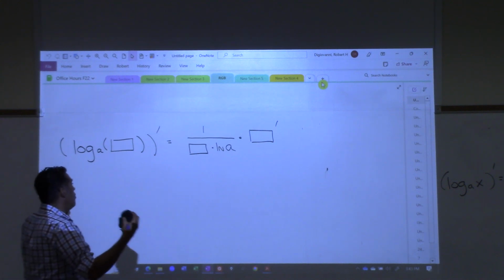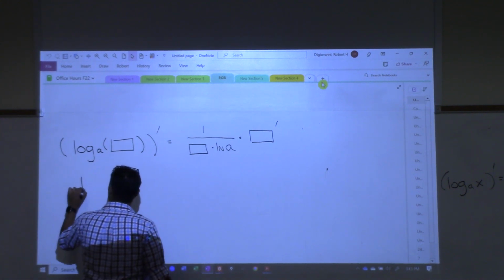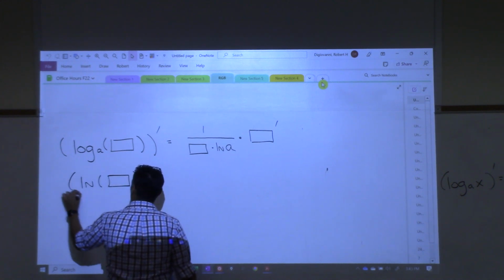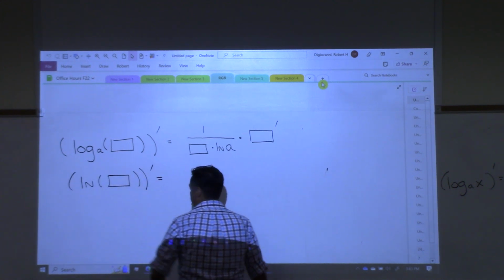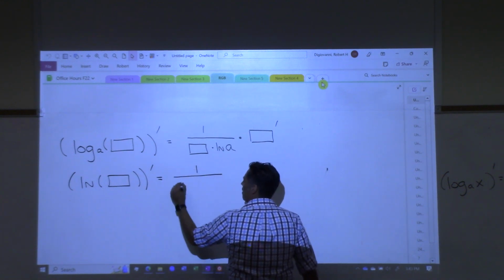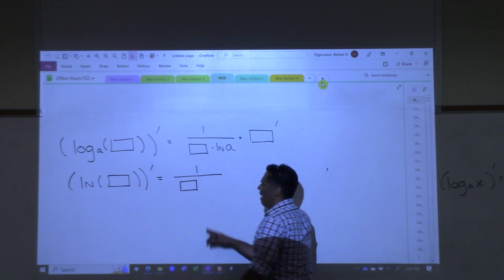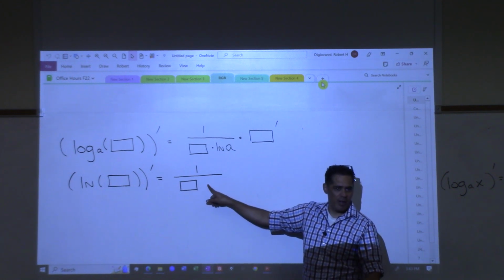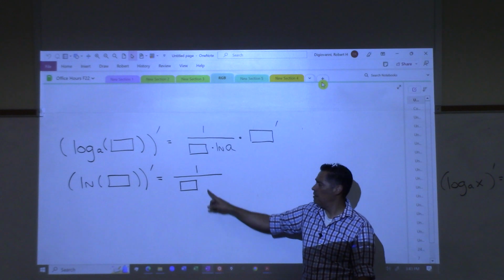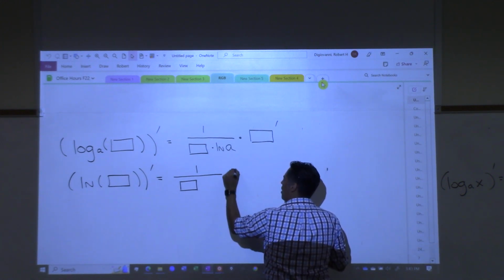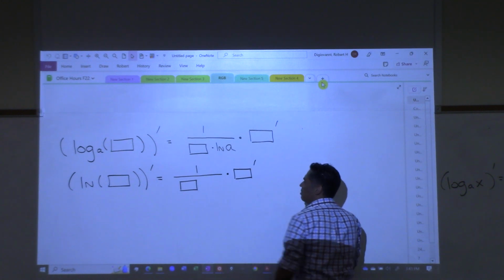Now, let's look at one of the special ones. If we have the natural log of a box, and we take the derivative of that, well, that should just be 1 over the box. And then this part becomes natural log of e, which we already know turns into 1, so I don't have to worry about that, but then I still have to do chain rule, which is the derivative of the box.